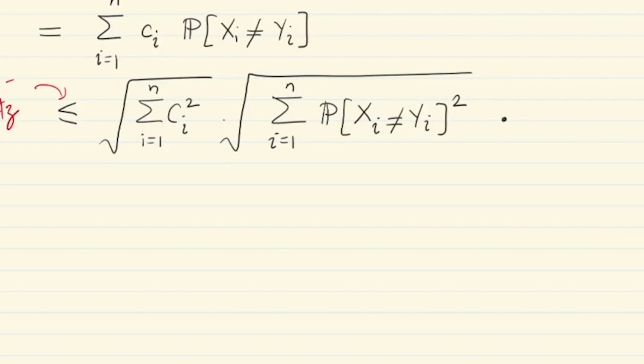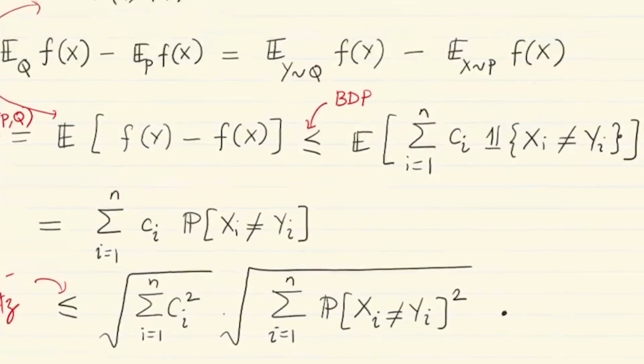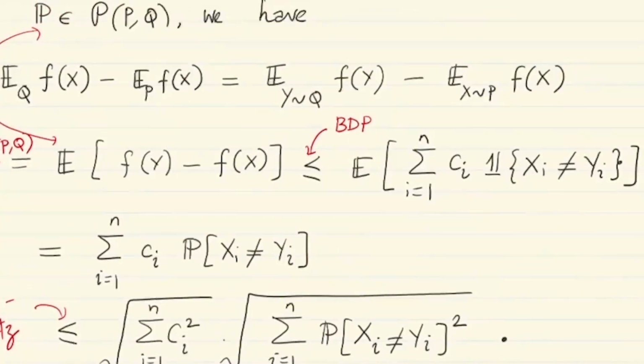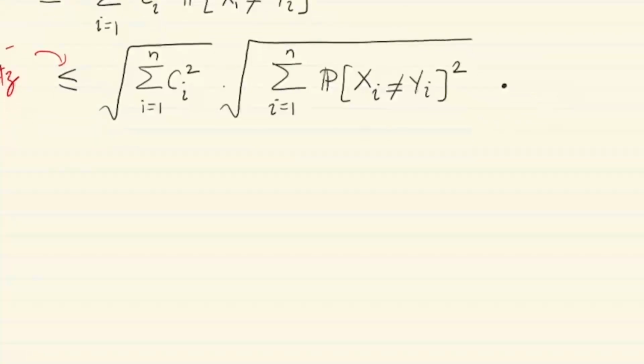And so what we have achieved using this exercise is an upper bound on EQF minus EPF in terms of some constant, which is the L2 norm of the bounded difference vector C, into some other term.